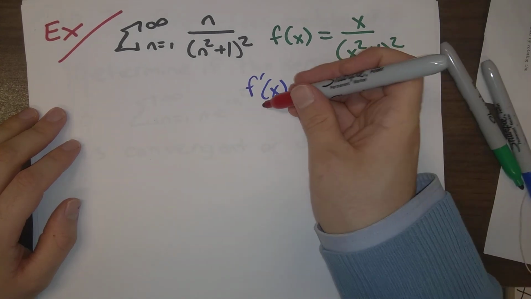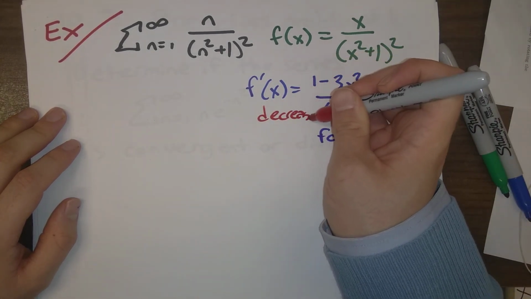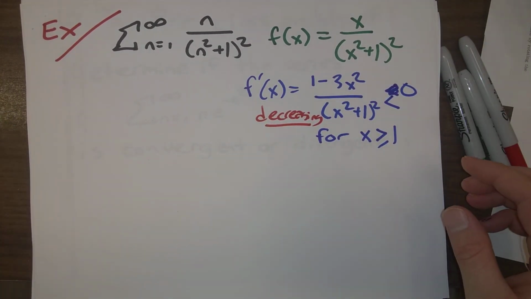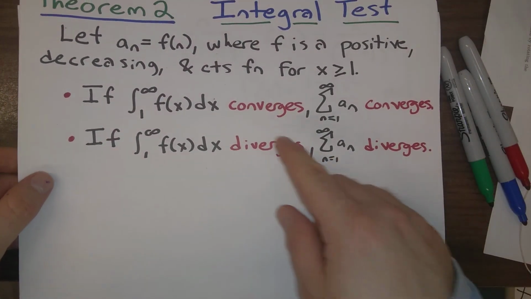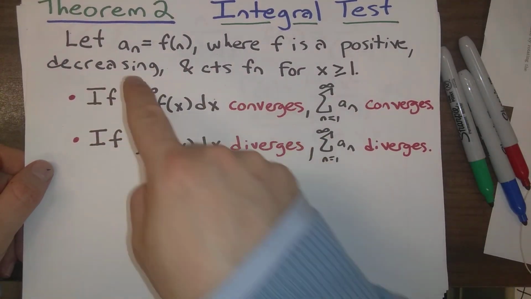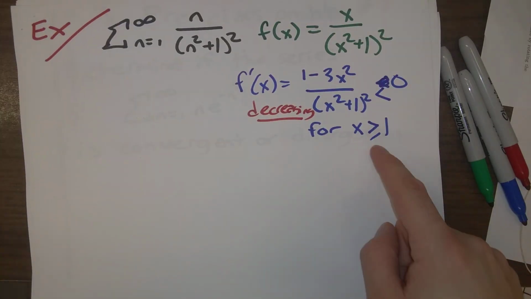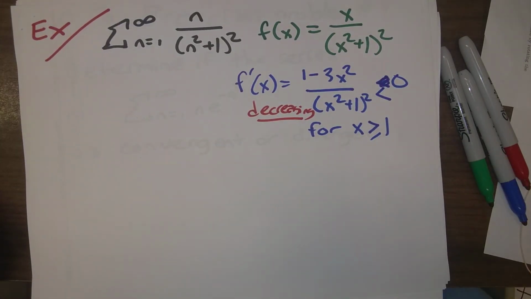So this says it's decreasing because the derivative here is negative. Great, the integral test is going to apply here. We have a positive, decreasing, continuous function, and it's decreasing if x is at least 1. It's not necessarily decreasing if x is less than 1, but we don't care about that.